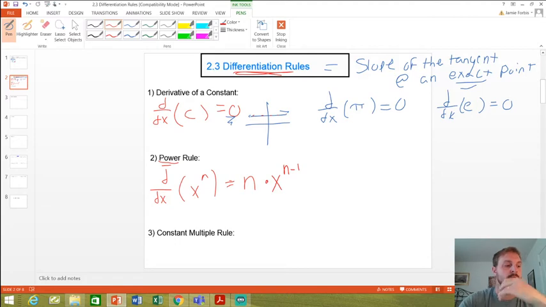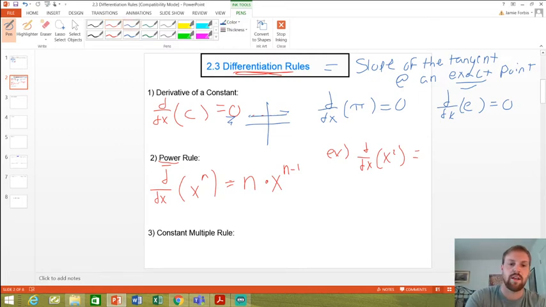Let me give you a very common example. What about when we took the derivative of x squared yesterday? What did that equal? Well, basically what you're doing is bringing down the power of n. So we bring down the power of 2, and then we're left with 1 less power for x.